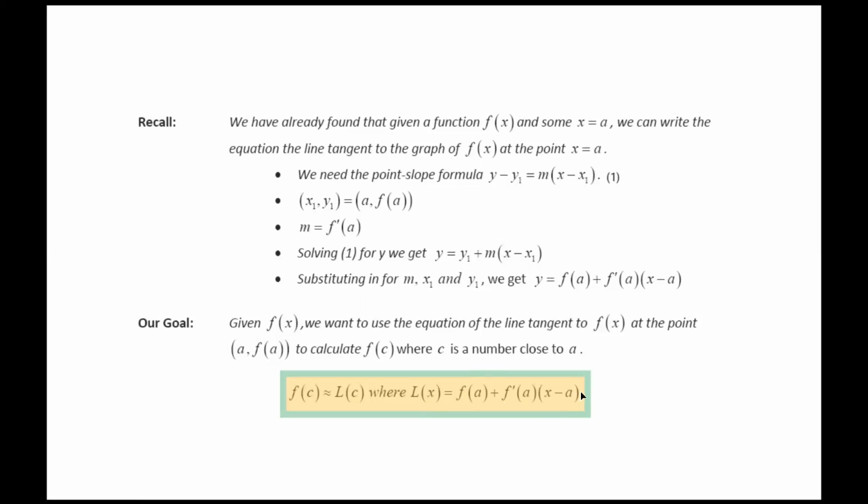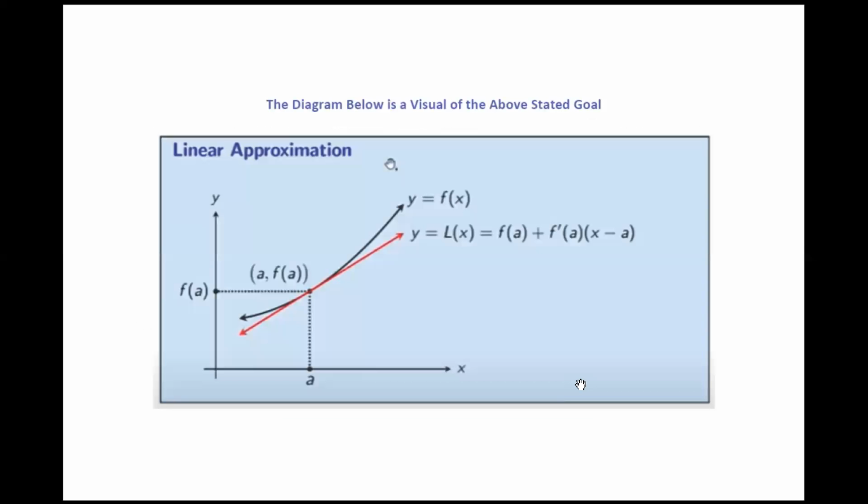Okay. Here's just a schematic of what we've just displayed. If you have some function f of x, and L of x is the tangent line, this is what it looks like. They are one and the same where they meet.